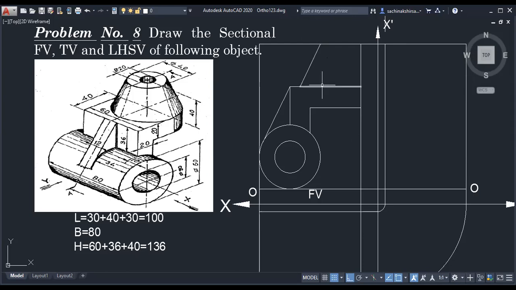Okay. So instead of joining this, I will first draw this middle and from here. So it will be something like this, and from here it will be like this.